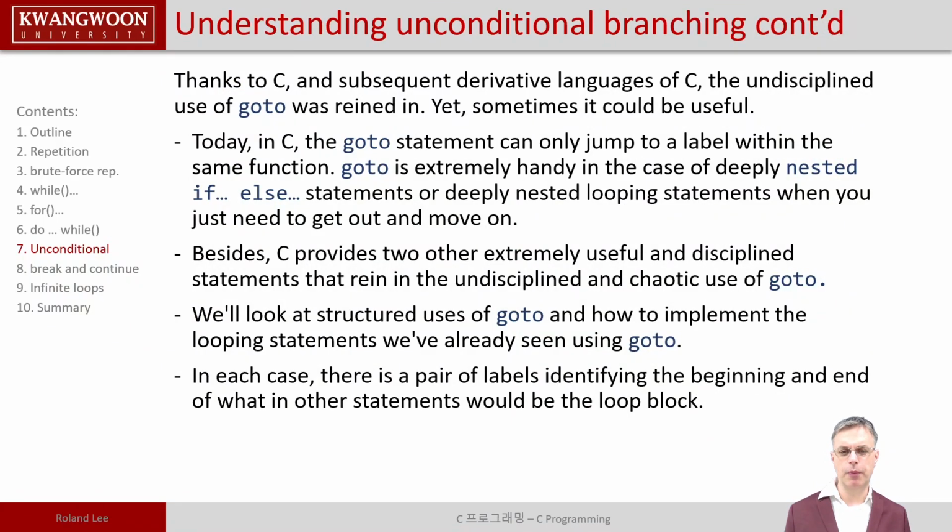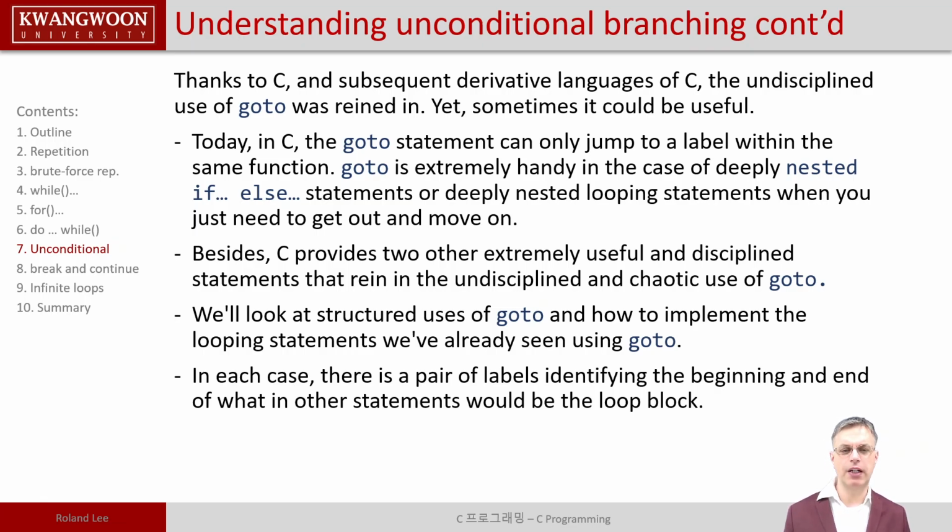Programs jumped from here to there and to anywhere, and code became extremely difficult to understand or to modify because the goto statement made it impossible to know all the possible flows of control.